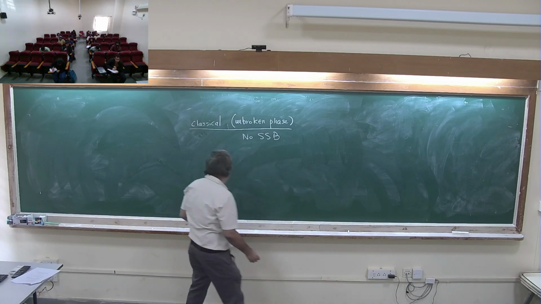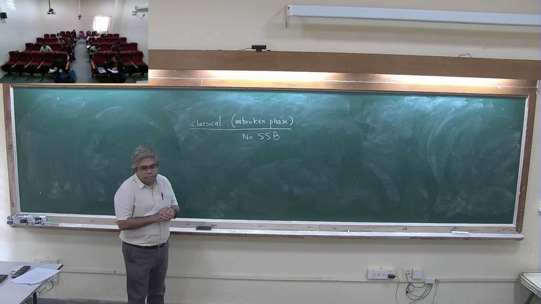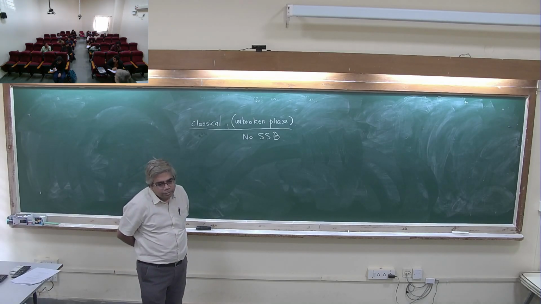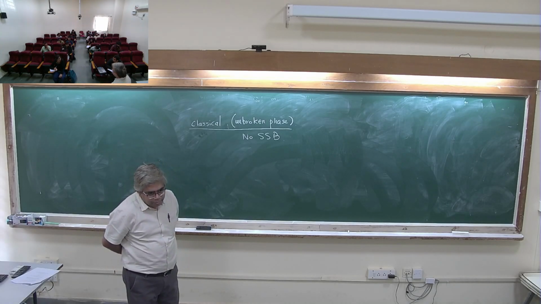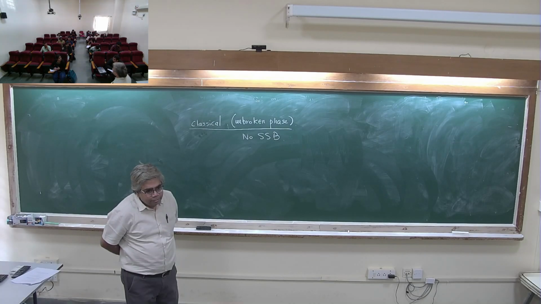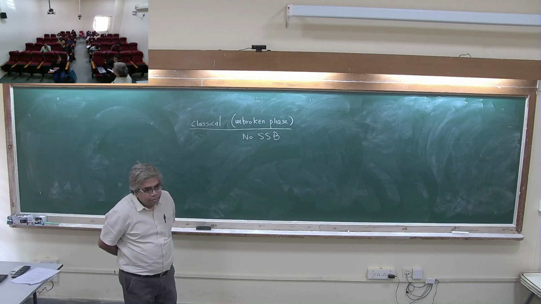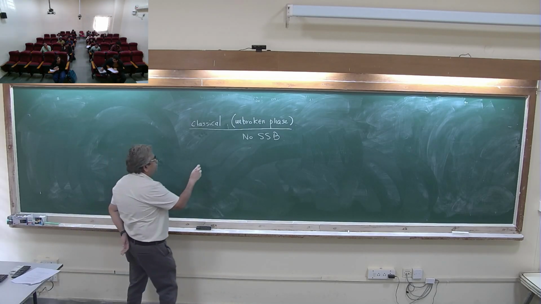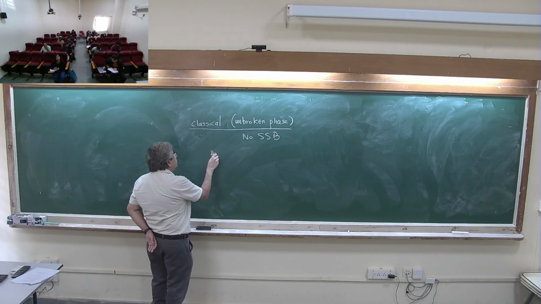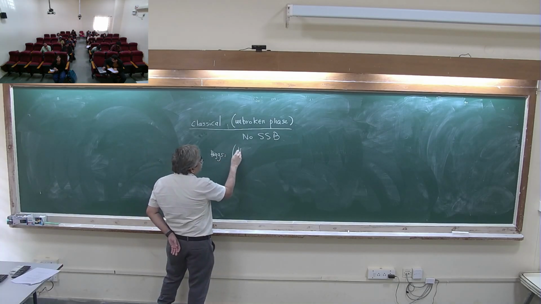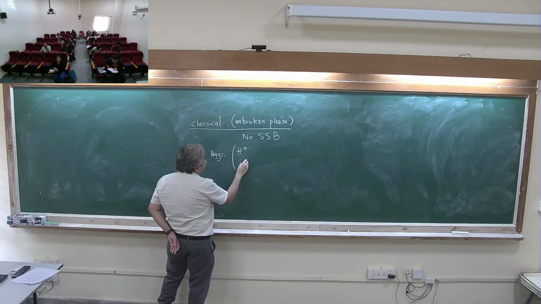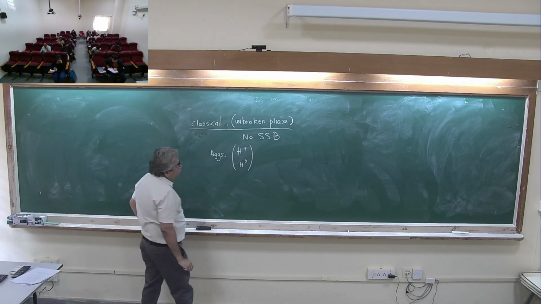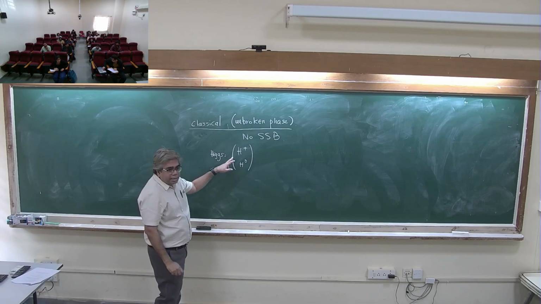So in the last class, you wrote the Higgs in the unbroken phase as H plus and H zero. Why do you write H plus and H zero? Okay. So the Higgs representation is, now Higgs we start with, we have to give a representation. It's a complex scalar which transforms as an SU(2) doublet.